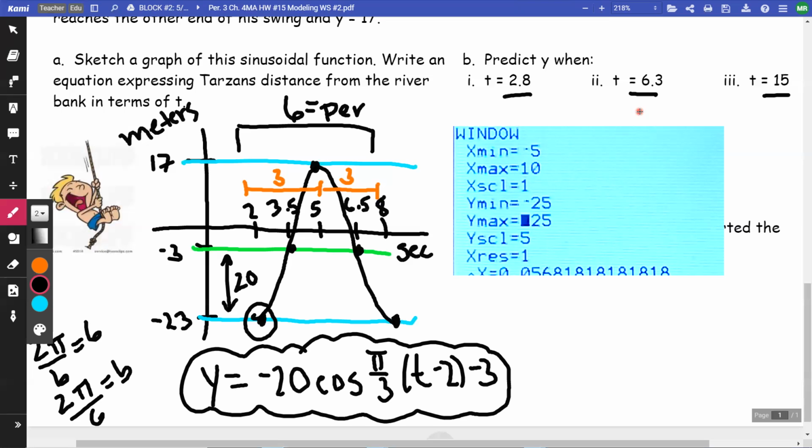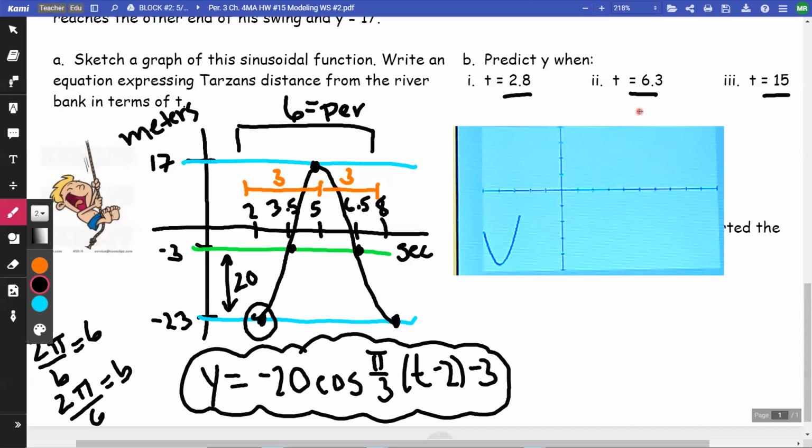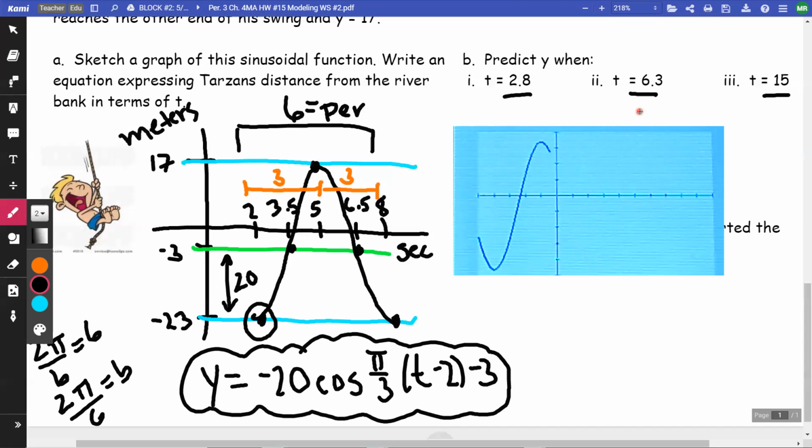And we have to go up to 17, so let's just say we go up to 20. Maybe I'll do that by 5s. And here's our graph.